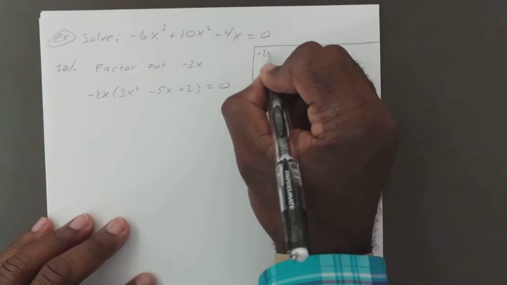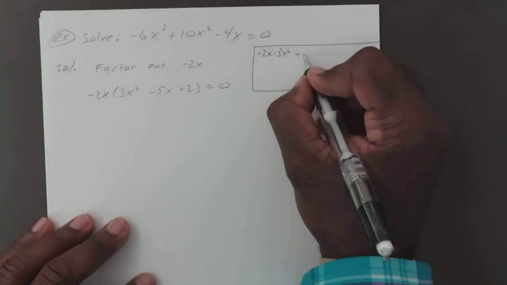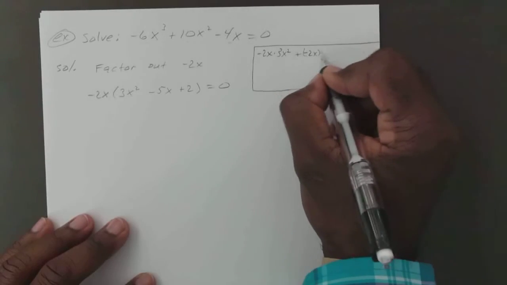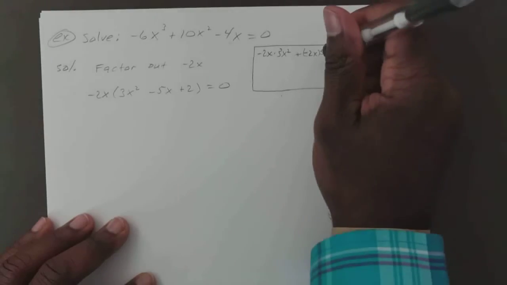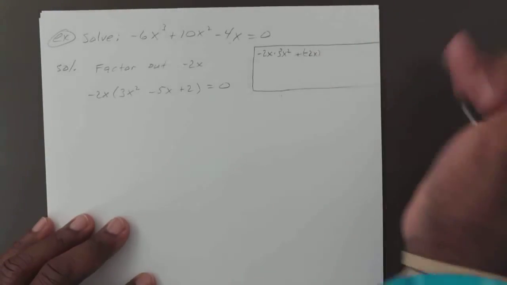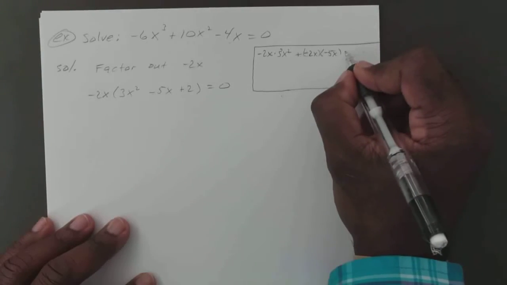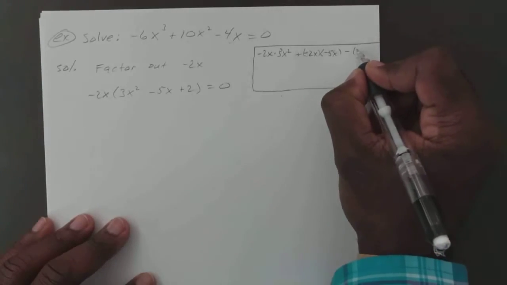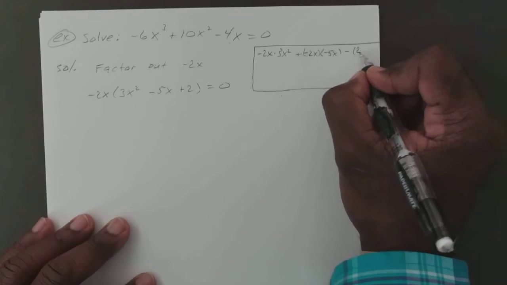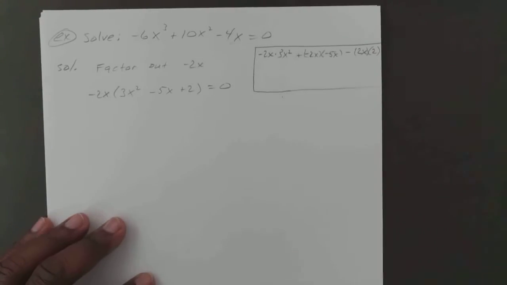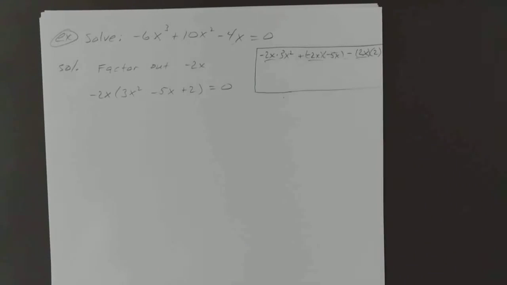Okay, so you have negative 2x times 3x squared plus negative 2x times negative 5x, plus negative 2x times 2 equals 0, so we just factored out that negative 2x from each one.